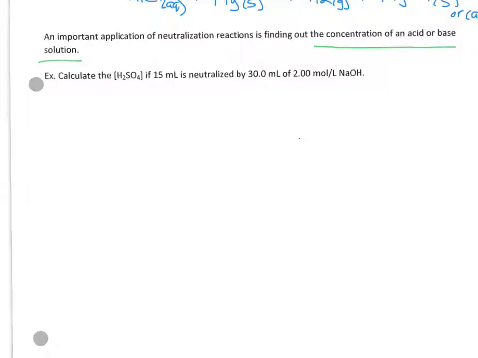So like any other stoichiometric problem, you need to start off with your balanced chemical equation. We know our reactants are going to be sulfuric acid and NaOH. Because this is a neutralization reaction of an acid and a base, we know our products are going to be water and that ionic compound or that salt.